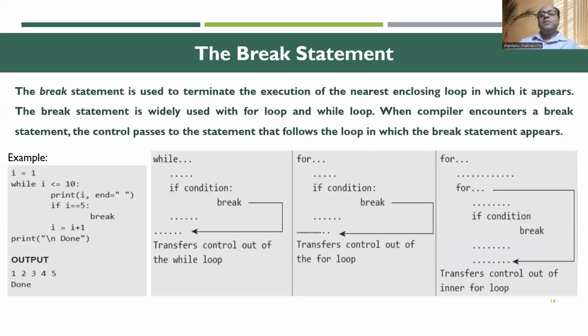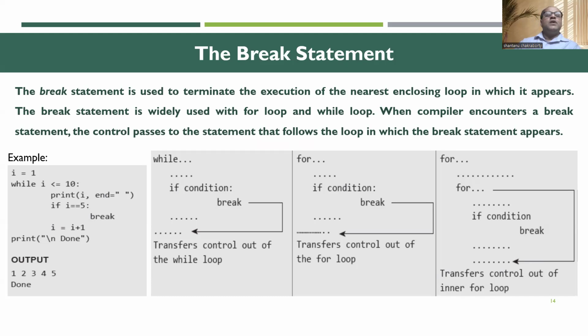We also have a break statement in Python, as we studied in other programming languages like C, Java and R. So what is the job of a break statement? The break statement is used to terminate the execution of the nearest enclosing loop in which it appears. The break statement is widely used for both while and for loops.